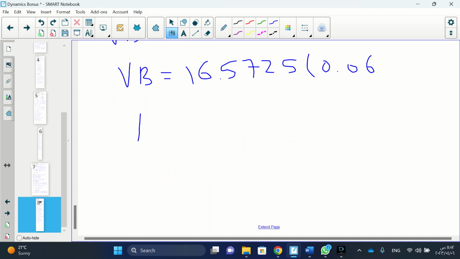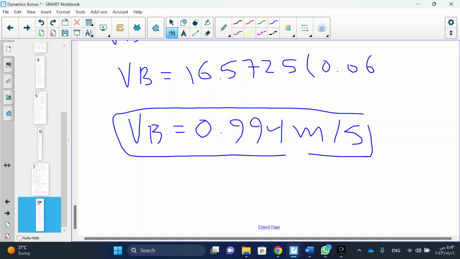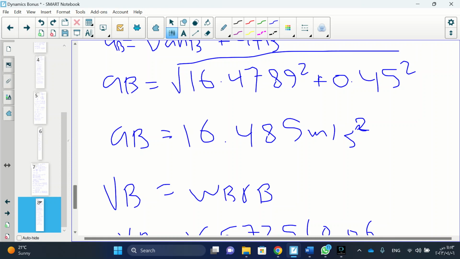So VB will give you 0.994 meter per second. And we found VB, and we found also AB.